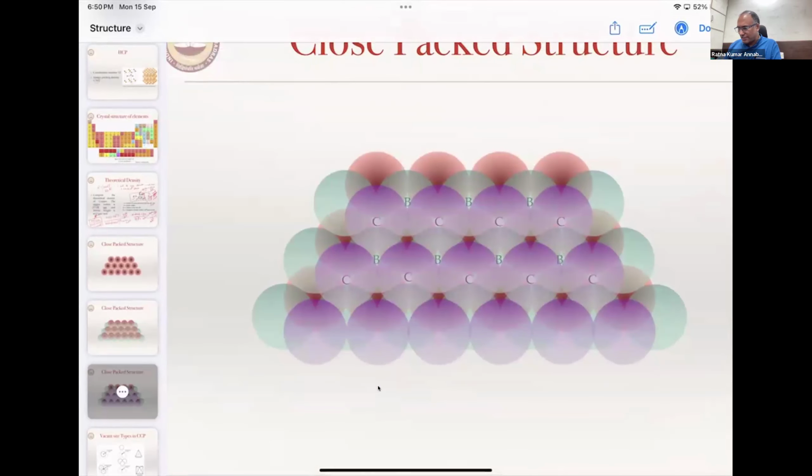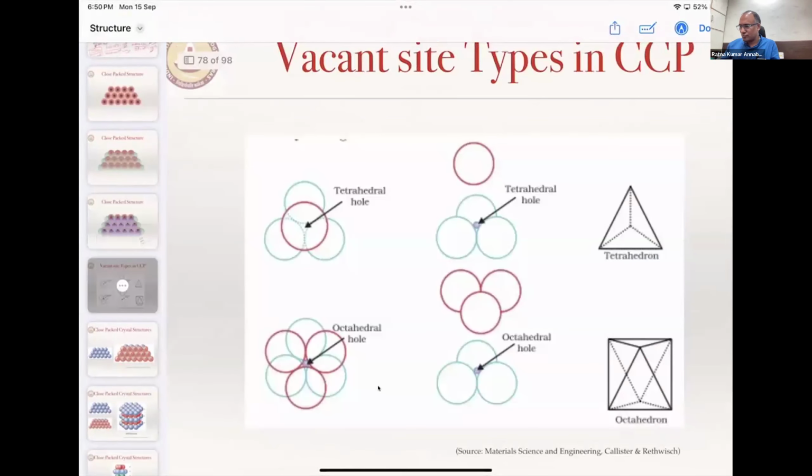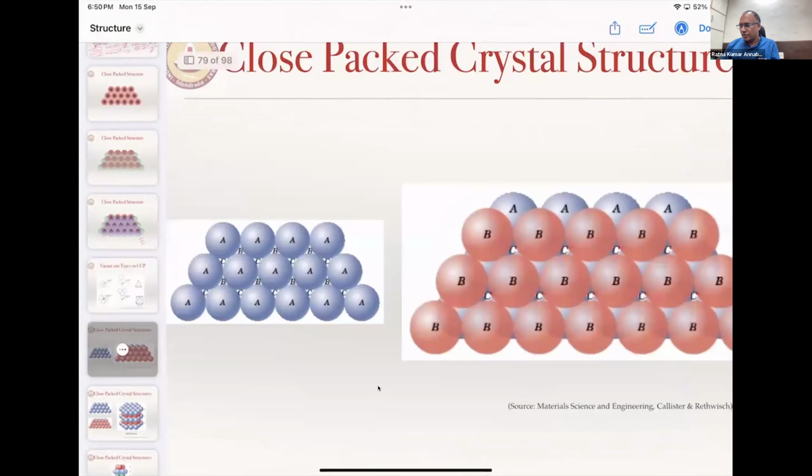So what you have done is, first you have created layer A, then layer B, layer C. What is layer A? It is where you are keeping your atoms in closed packed fashion. Then you are moving it and putting it on the next plane, and then moving it and putting it on the next plane. Like that, you are creating a 3-dimensional structure. So if you stack the closed packed atoms as ABC, ABC, ABC layers, you can create 2 kinds of layers, right?